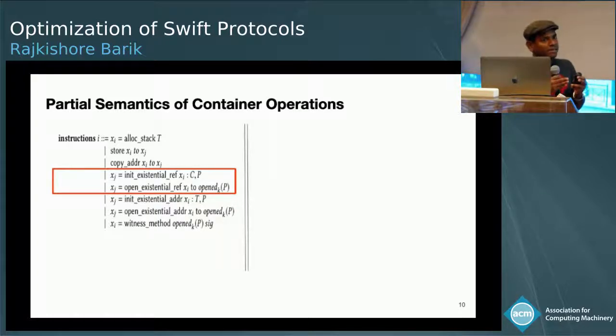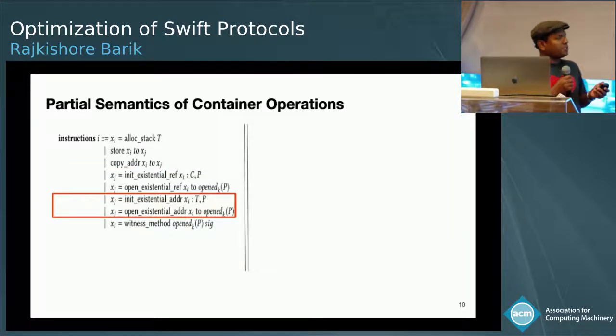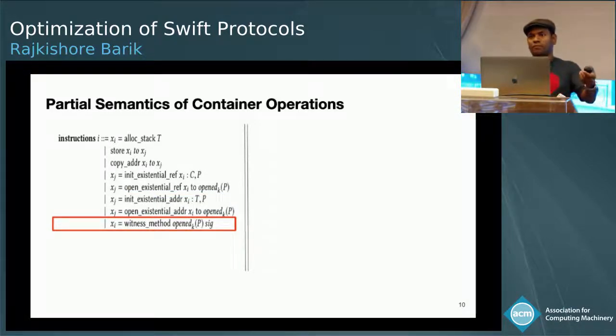Init existential ref is essentially creating an existential container for reference types, and open existential ref is opening that existential container to get you the underlying data reference that is there in the existential container. Then the two which are init existential addr and open existential addr are dealing with address types. Address types essentially say that I don't know what you are holding in the container. You could be holding a value or you could be holding a reference, in which case it's representing the non-class protocols. And then witness method, which does the lookup of the method.